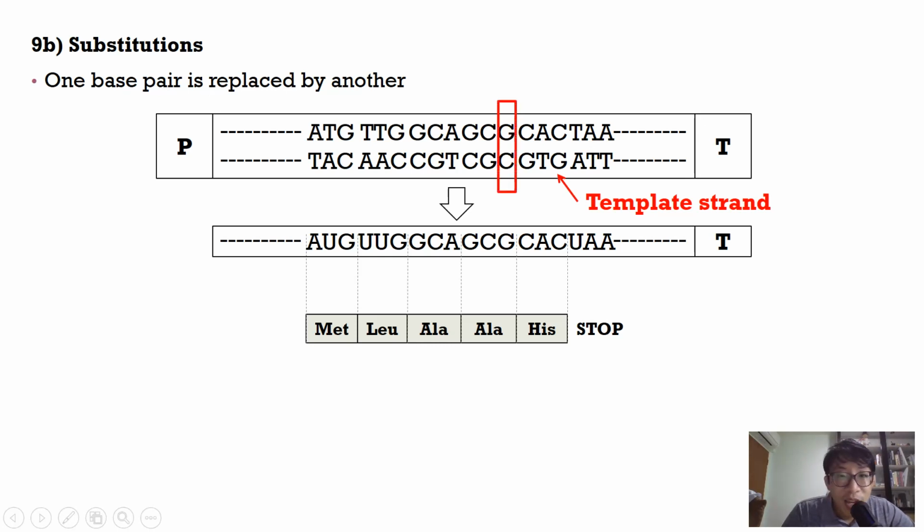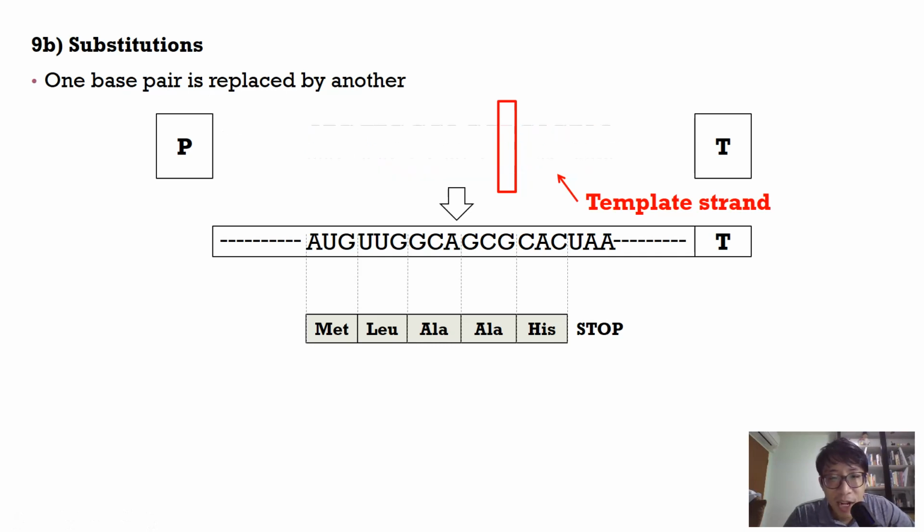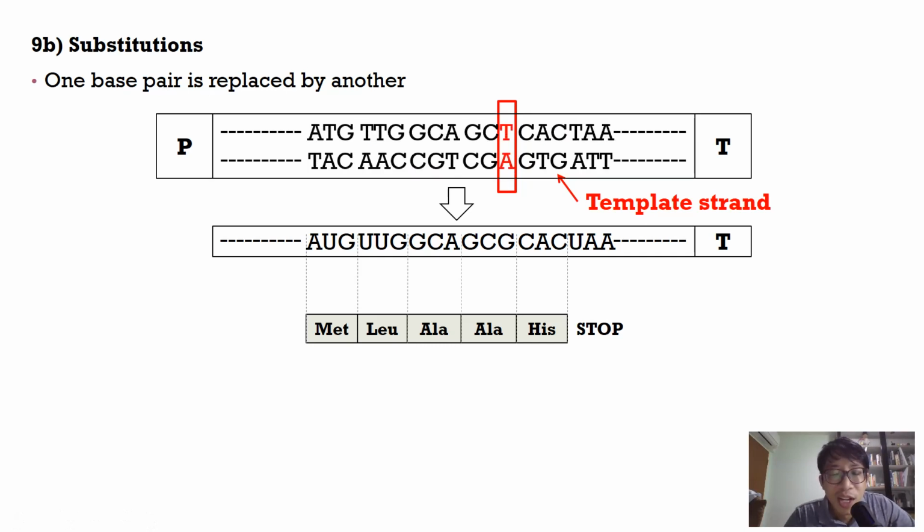So if there is a substitution here, for example, this change to this nucleotide instead, what happened to the mRNA is the codon is changed from GCG to GCU.